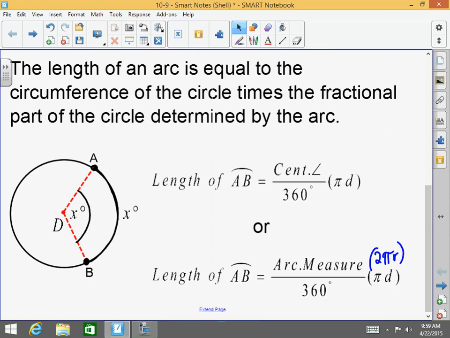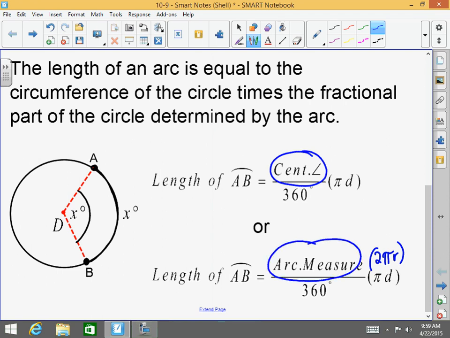Now, Mr. Morrow, are these two different things? No. Remember that the central angle is equal to the arc that it intercepts. So sometimes they're going to give you the central angle measure. Well, you put that over 360 times circumference, you find your arc length. Sometimes they're going to give you the arc measure of the arc they want you to find the length for.